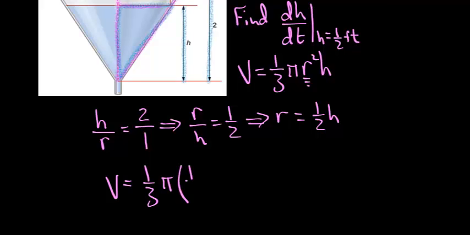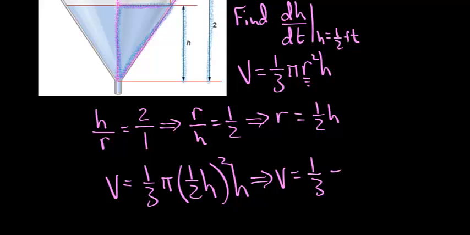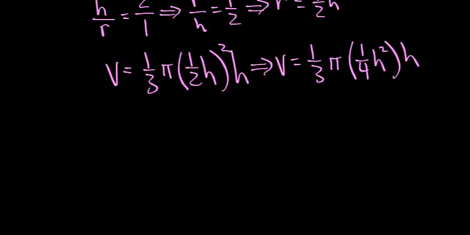But anyway, now that we've got that, we could write volume is equal to 1/3 pi, but instead of R, I'm going to write 1/2 H. Yeah, there we go. Now, I simplify that just a tad, and I get 1/3 pi times 1/4 H squared times H. See, just taking it a step at a time, which gives me volume is equal to 1/12 pi times H cubed.